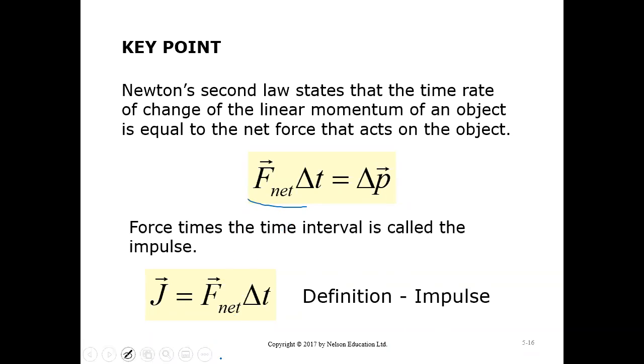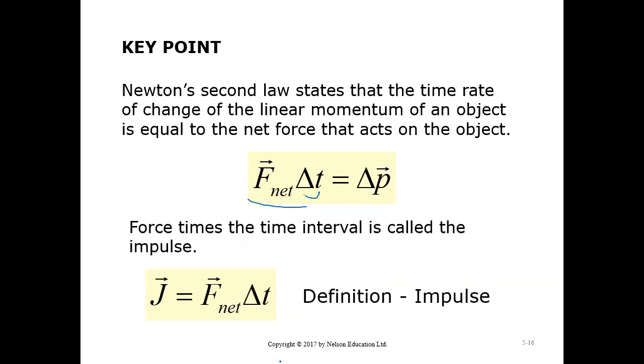If we apply a force F, and if more than one force, then we take the net force, and suppose that force is applied for a duration of delta t, the product of the force multiplied by the duration gives us the change in the momentum. So the impulse is equal to the change in the momentum.